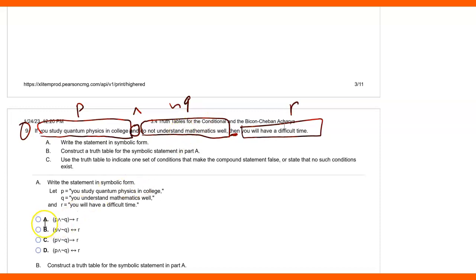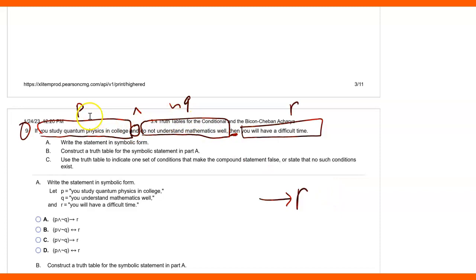That's the first question here. And there are options here. Let me write them down for you. Since we have an arrow here, because if you have "if" here, then there must be an arrow in the statement. Now, whatever you have after "then" goes after the arrow. You will have a difficult time, that's the R, because R goes after the arrow, because "then" always goes after the arrow.